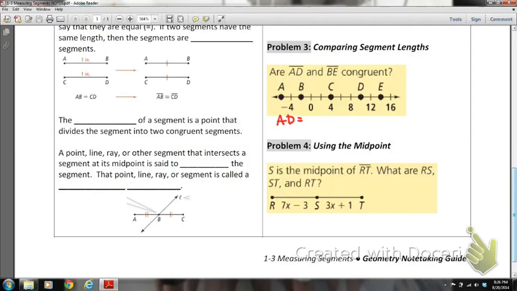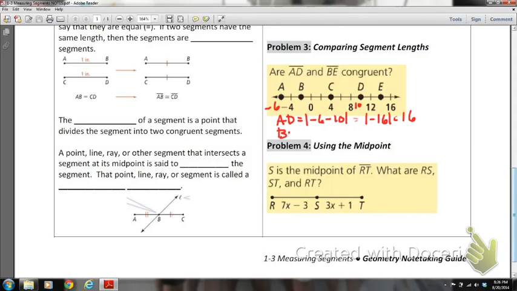That's going to be the absolute value of the coordinates of A and D. Note that the scale is going by 2's. So A is a -6 and D is 10. So a -6 minus 10, absolute value of that is absolute value of -16. So the length is a positive 16.